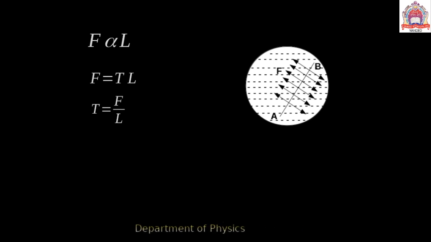If L is the unit, that is 1, then F is equal to T. So can you define surface tension? Yes, obviously we can. It is the tangential force per unit length acting at right angles on either side of a line imagined to be drawn in the free liquid surface in equilibrium.